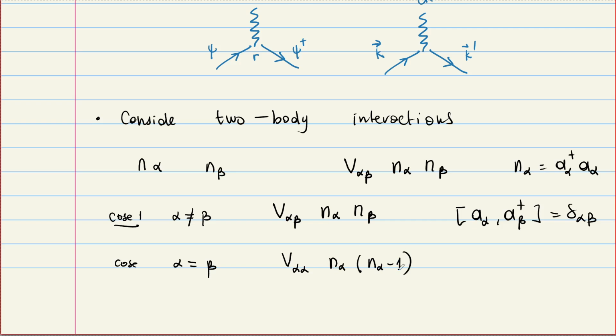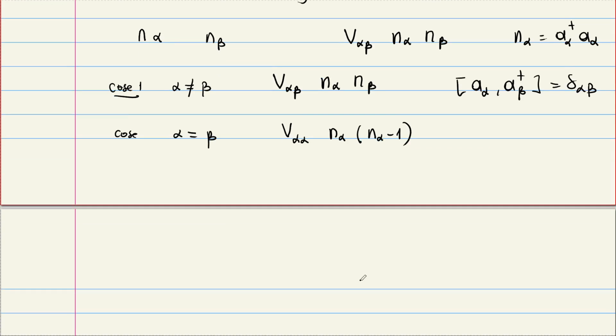Because if it was n_alpha, there would be a particle interacting with itself, and that wouldn't make sense. And I can combine these two cases like this, so I can write V_alpha beta n_alpha n_beta minus, if they are the same, I subtract 1, delta alpha beta times n_alpha. So now this incorporates both case 1 and case 2.